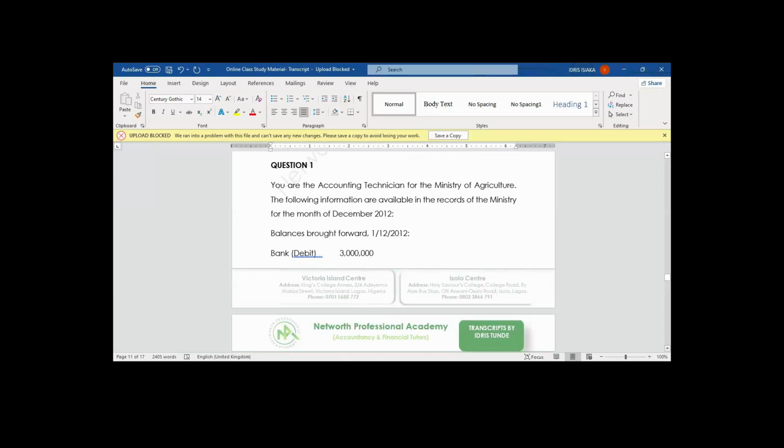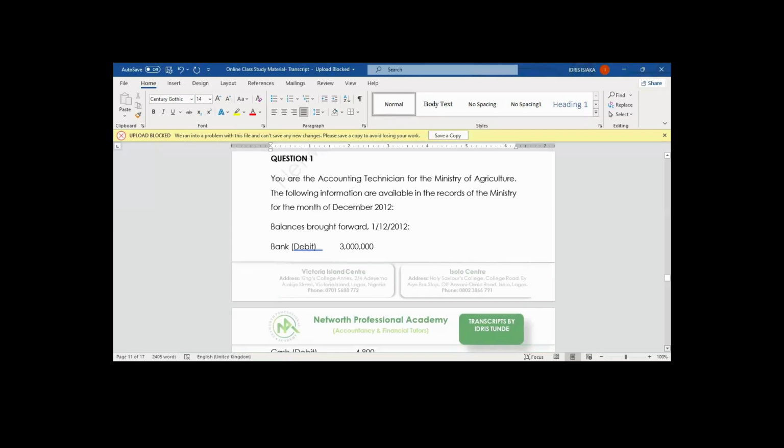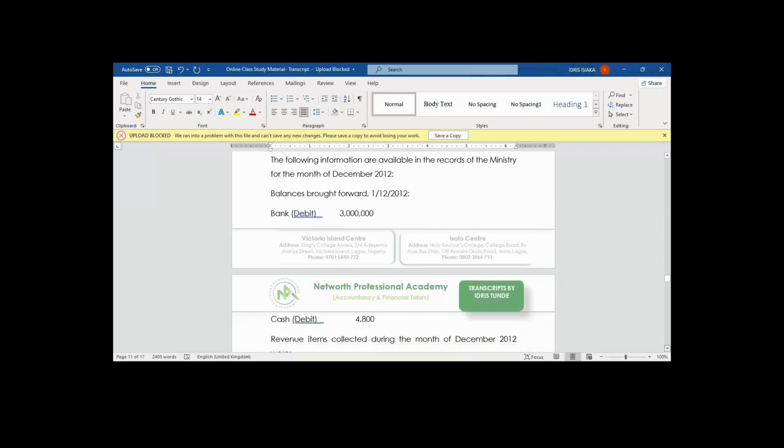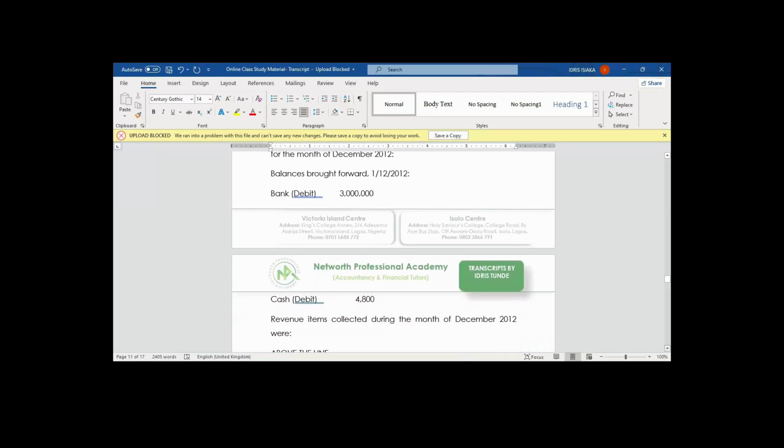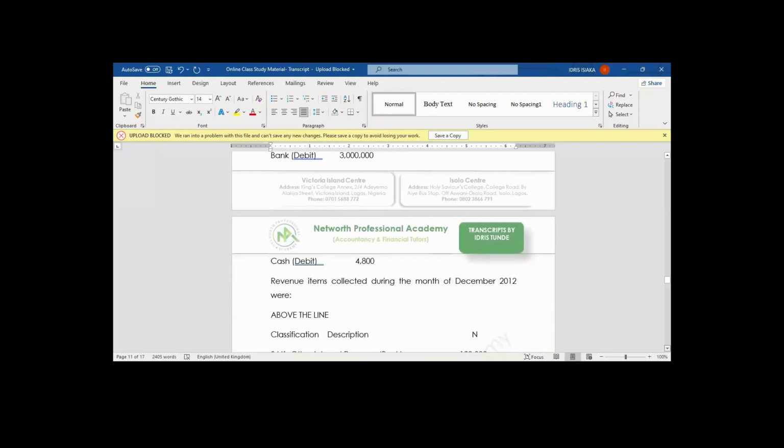Good evening, sir. Good evening. You are the accounting technician for the Ministry of Agriculture. The following information is available in the records of the ministry for the month of December 2012. Balance brought forward: bank debit 3 million naira, cash debit 4,800.